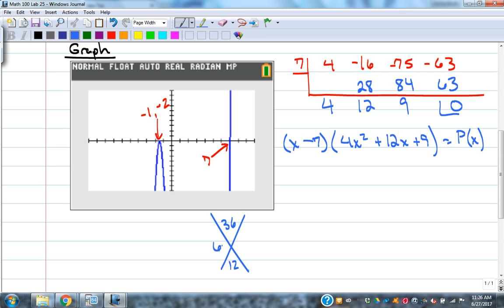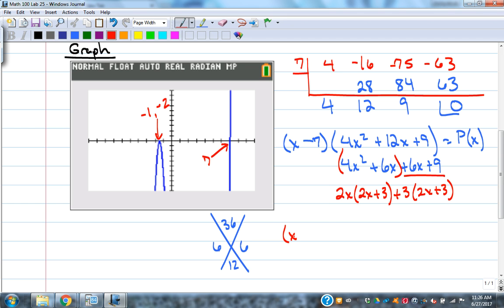That'd be 12. That'd be 6 and 6. And so that's 4x squared plus 6x, 6x plus 9. Group those two: 2x, and I'd leave a 2x plus 3. This one would be a 3. That'd be 2x plus 3.